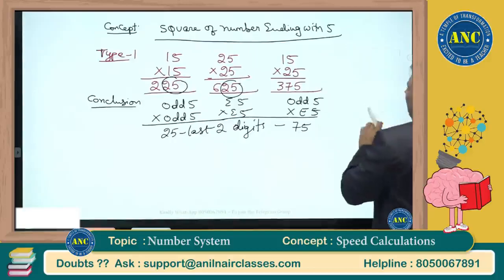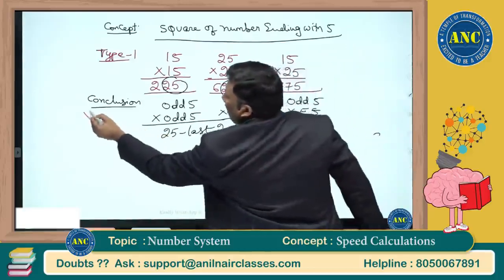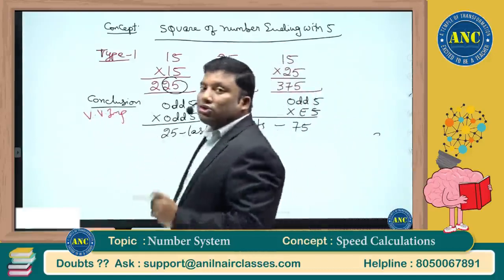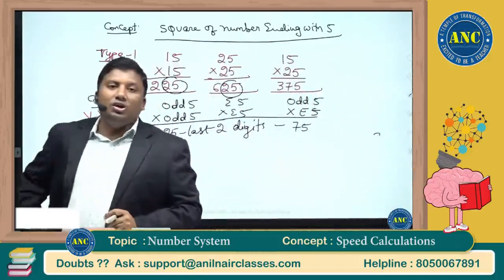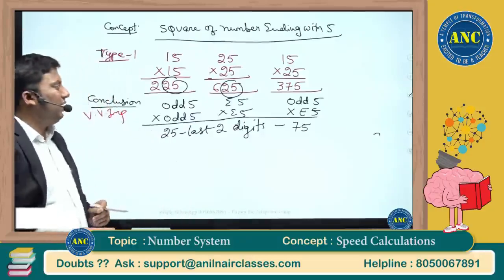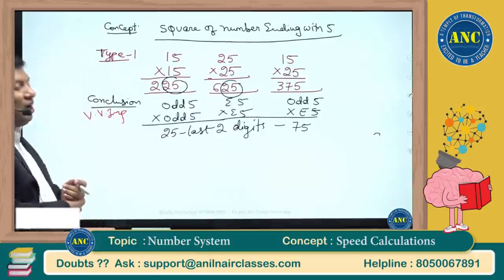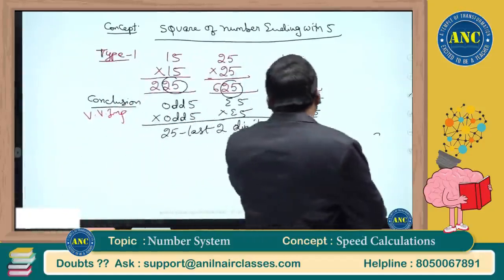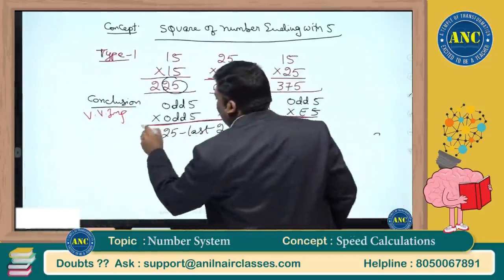When you multiply any two odd numbers ending with 5, last two digits will be 25. Any two even numbers ending with 5, last two digits will be 25. Odd 5 into even 5, last two digits will be 75. Very, very important concept.